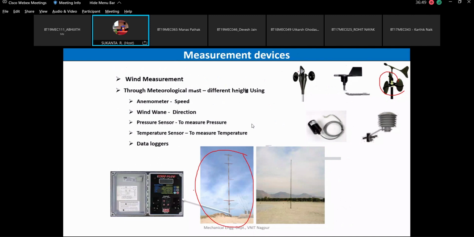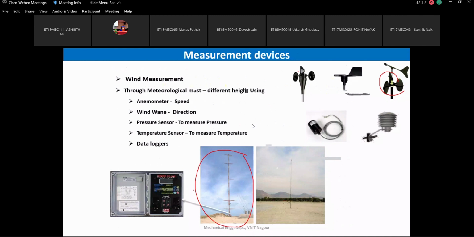For the entire country, from Andaman to Andhra Pradesh, we have either natural wind data or some measured wind data. Measured means we use the meteorological mast, mounting the different wind measuring equipment; this is known as measured wind data.